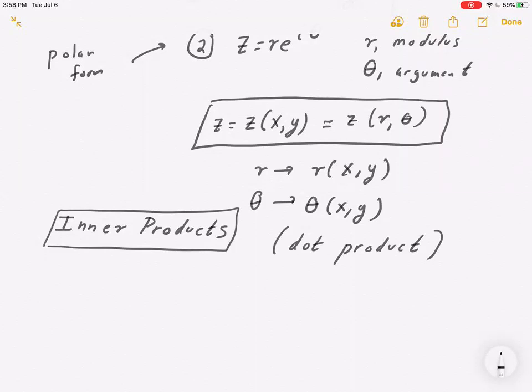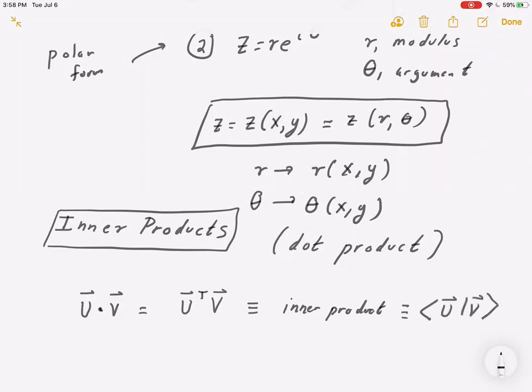But for all intents and purposes, when we talk about the dot product of two vectors, u and v, that's just the transpose of the following matrices. This is going to be the same as the inner product of those two matrices. And I'm going to introduce some new notation for my inner product.